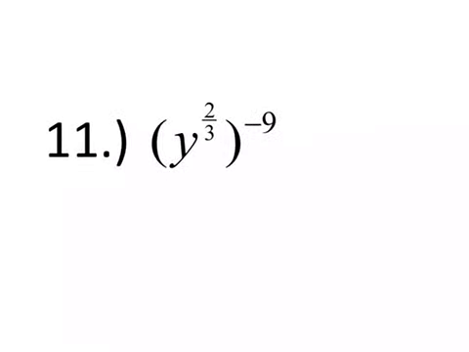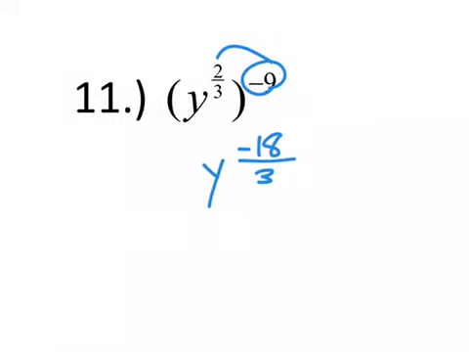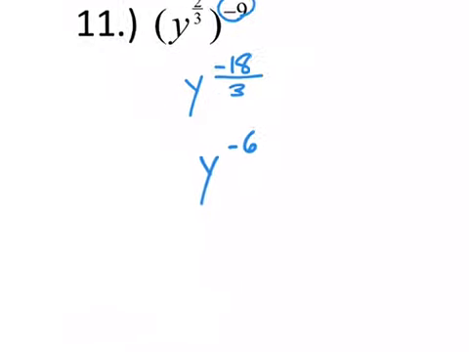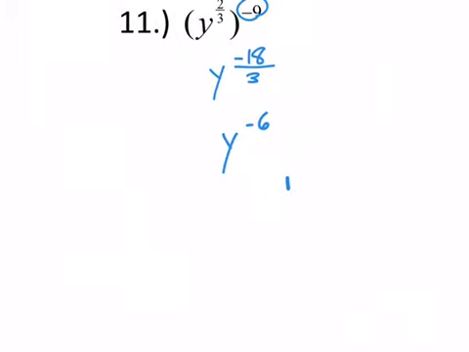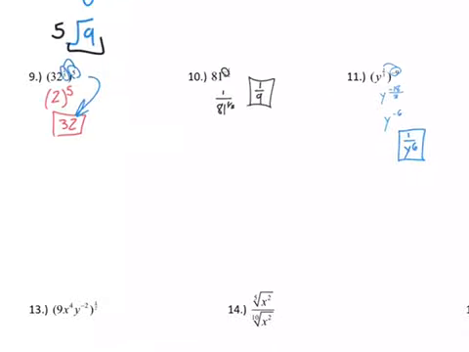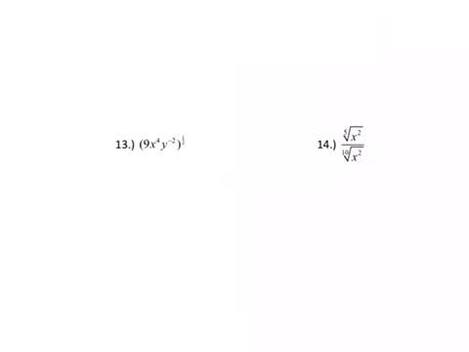Okay, here I'm going to have to do power to a power to get y to the negative 18 over 3, which I can simplify that exponent to just a negative 6. Alright, which calls us to take the reciprocal, which would be 1 over y to the 6th. Alright. Moving on here.